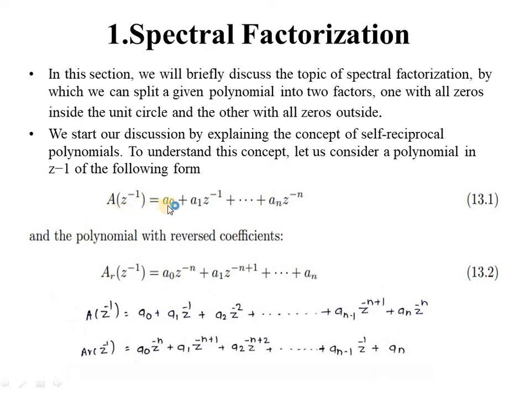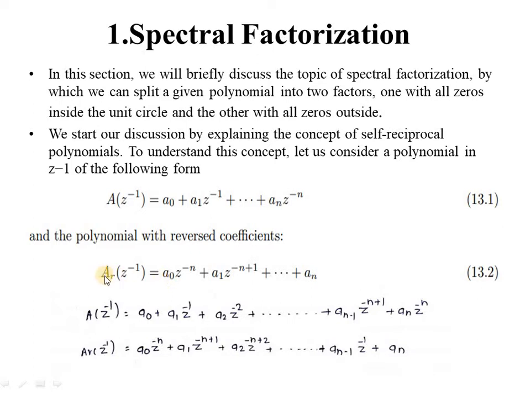The structure of this polynomial is a0 plus a1 into z raised to minus 1 plus up to an into z raised to minus n. n is the degree of polynomial A, and for this polynomial with the reverse coefficients we write another polynomial, that is AR. The structure of this polynomial is a0 into z raised to minus n plus a1 into z raised to minus n plus 1 plus up to an.